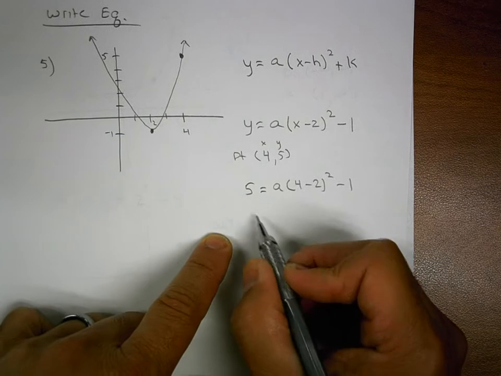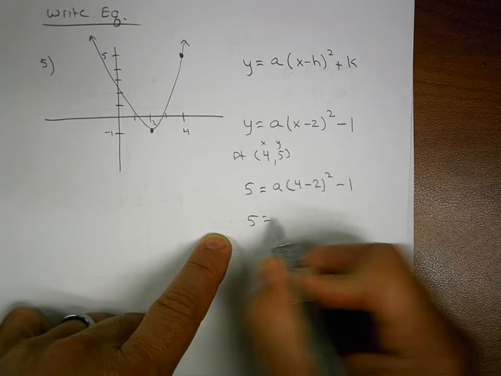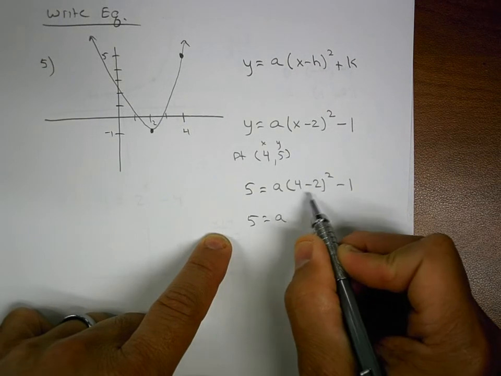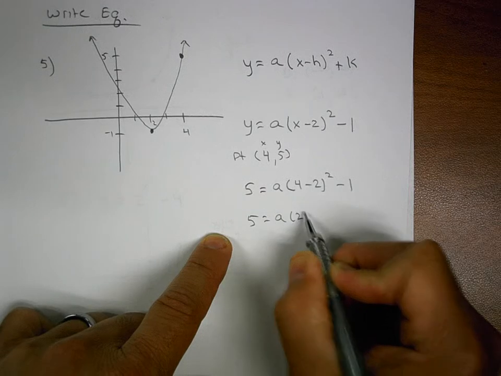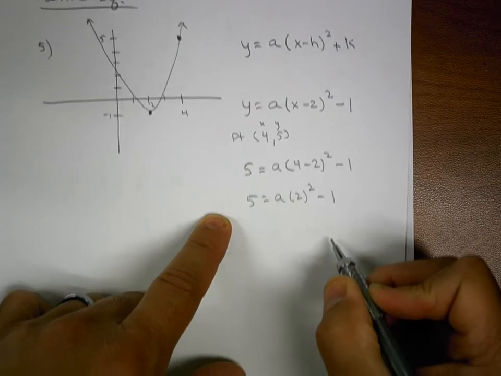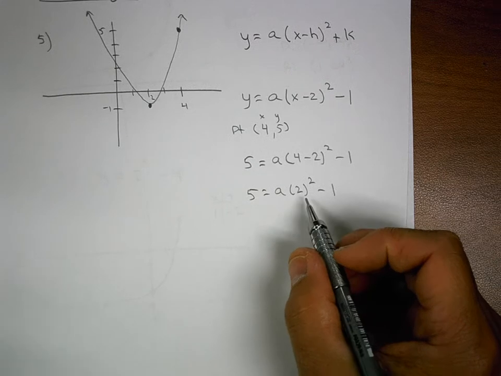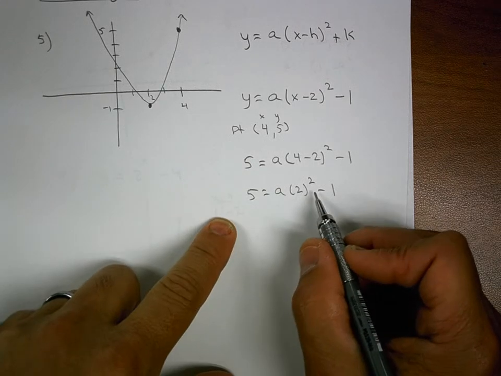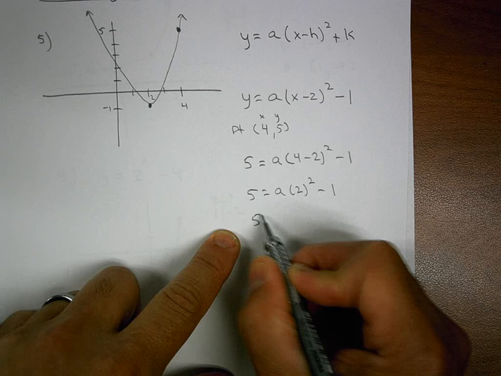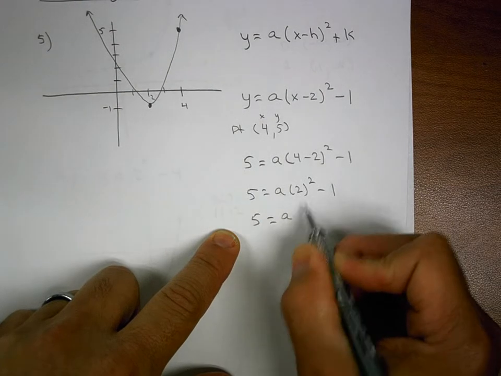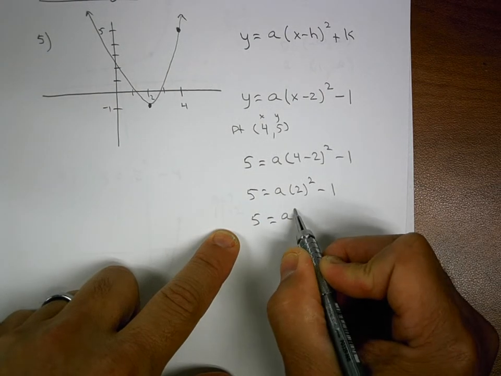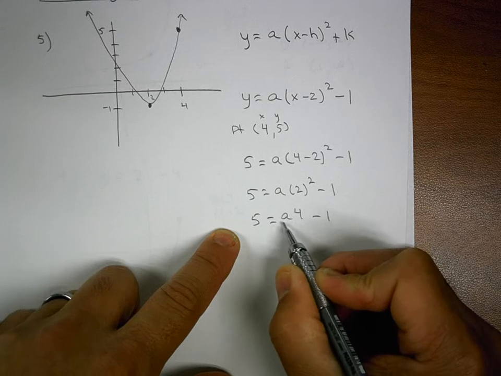So 5 is equal to a, and this is 4 minus 2, so it's 2 squared, minus 1. It's not skipping any steps there. This is not 3, by the way. So 5 is equal to a times 2 squared, which is 4, and then minus 1. You can call that 4a if you want.